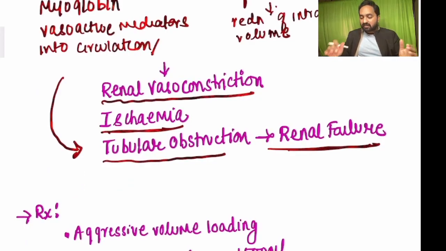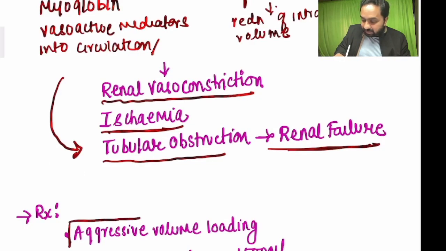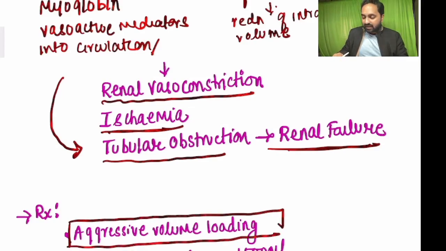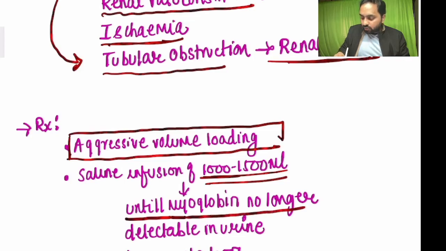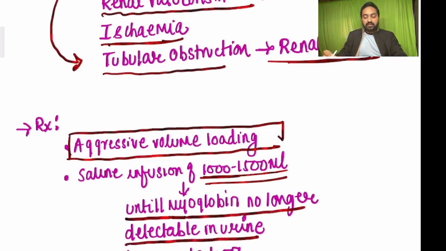The key to the treatment is your aggressive volume loading, right? So there has to be a saline infusion of around 1000 to 1500 ml, which is started until myoglobin is no longer detectable in urine, right?